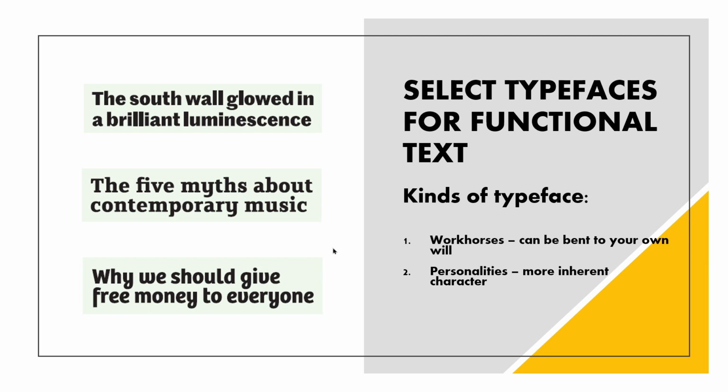The one in the middle is FS Clerkenwell, based on influences from an area of London, a slab serif which provides a quirky contemporary twist. And the last one is the Brie. It actually lends headlines character that would simply be lost should they be set in Helvetica.